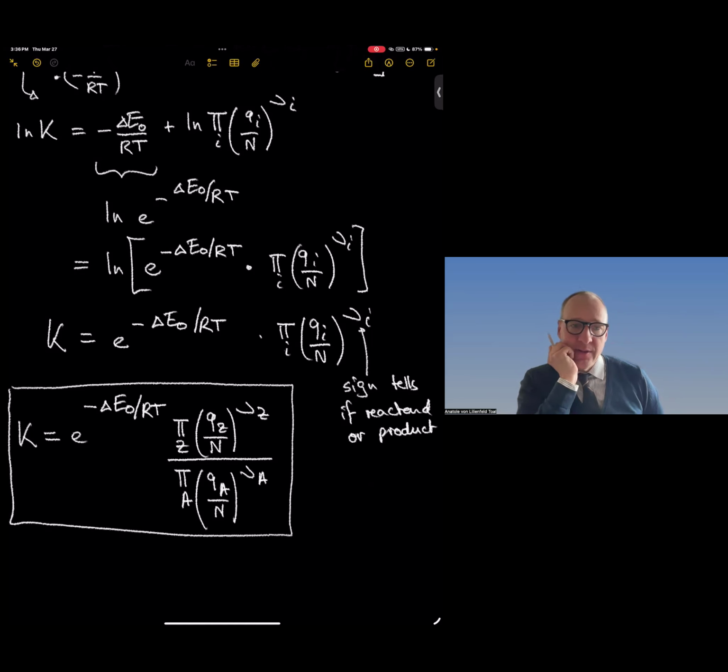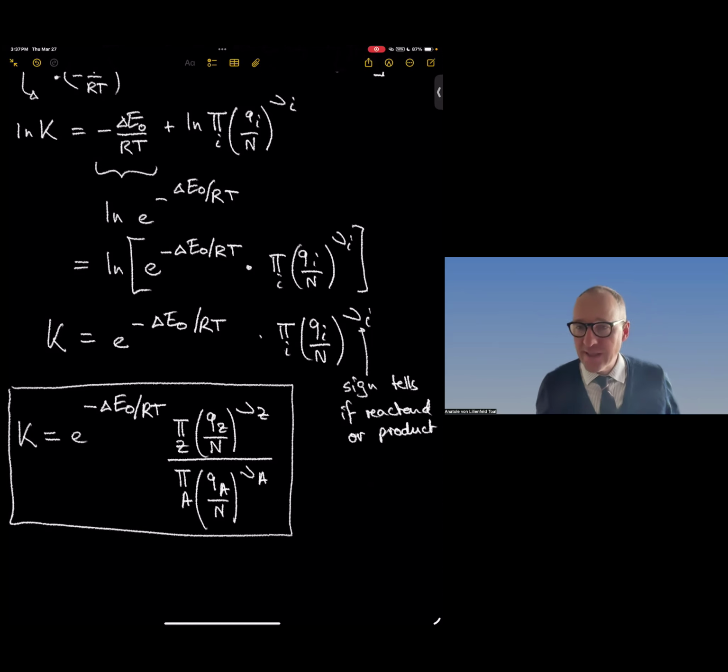And you have the two partition functions only as a ratio. If you now imagine that the Schrödinger equations, the spectrum for reactants and products are the same, right?